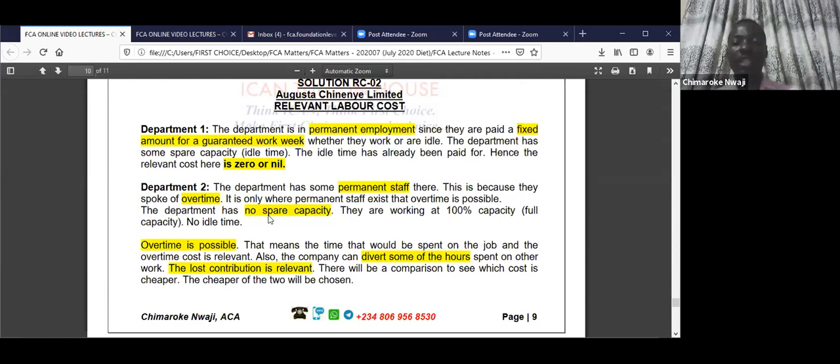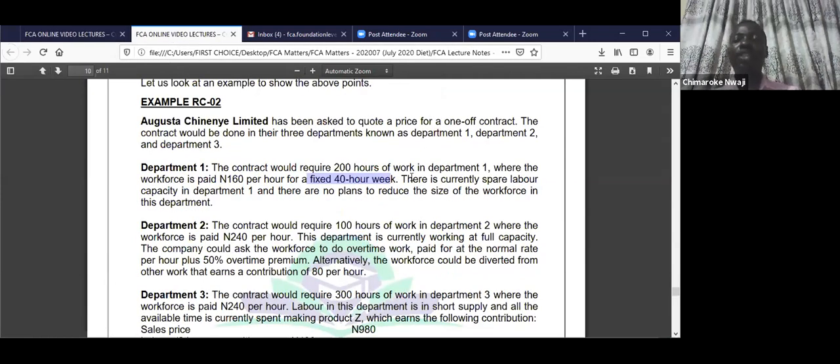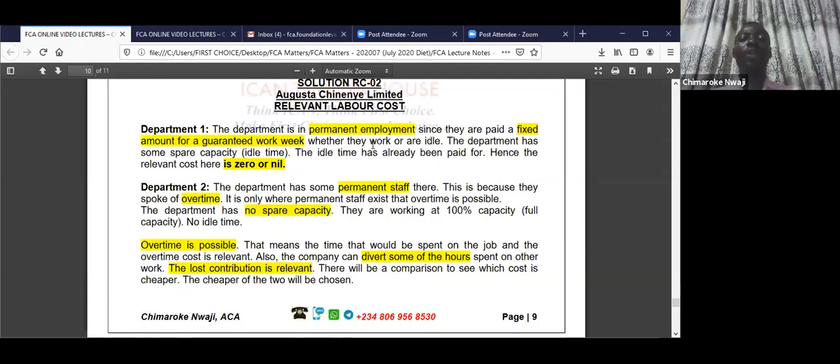The question also says that the department has some spare capacity, idle time. Let's see where they say it. They say there is currently spare labor capacity in department 1, and there are no plans to reduce the size of the workforce in this department. What it means is that because they have spare capacity, they can all be called to move to that new project during their idle time to do it, because we have already paid for their idle time.